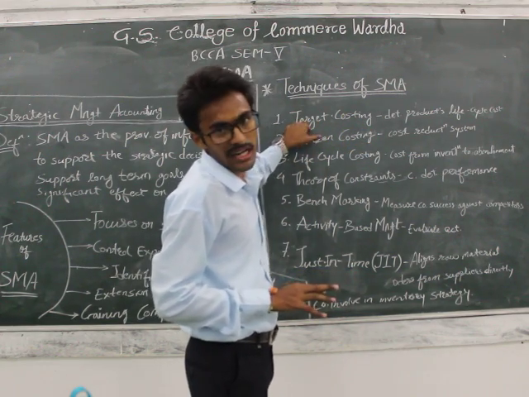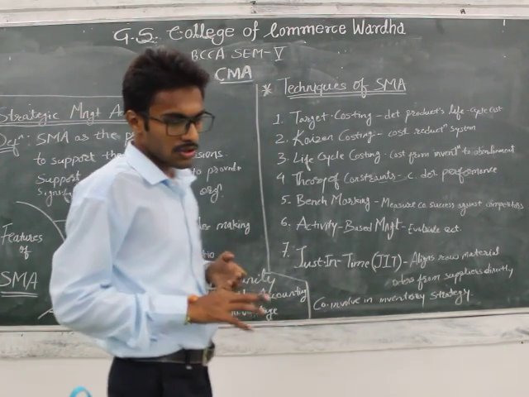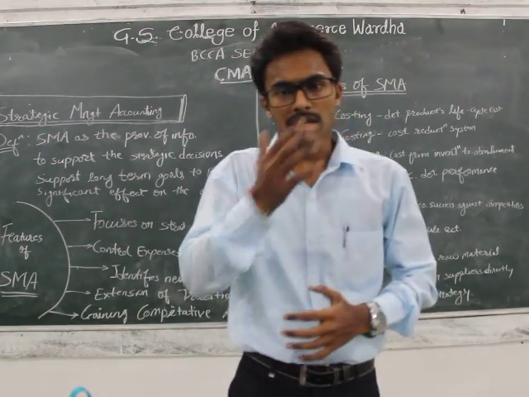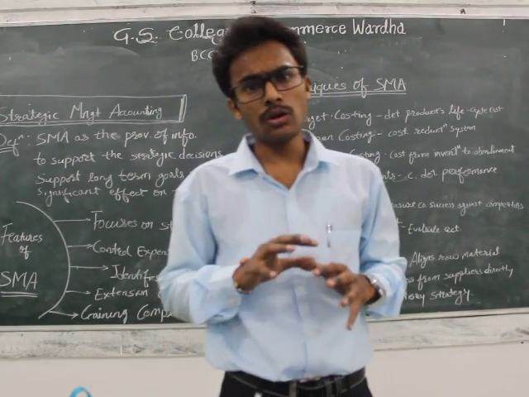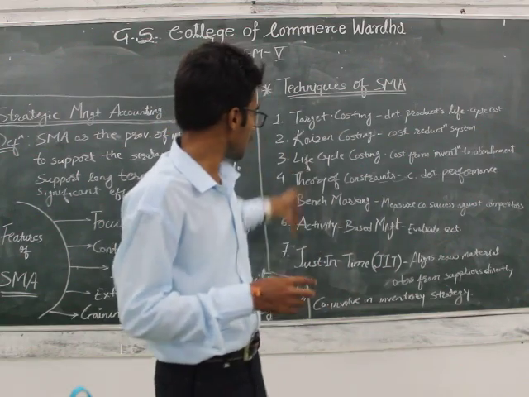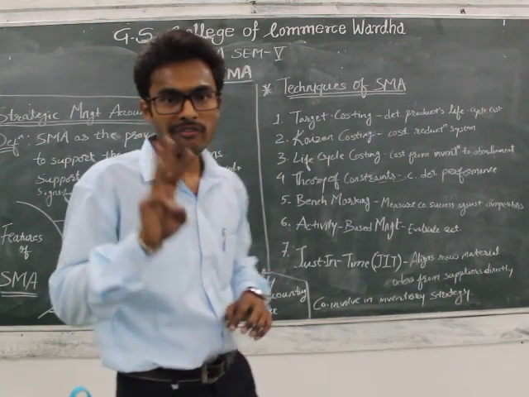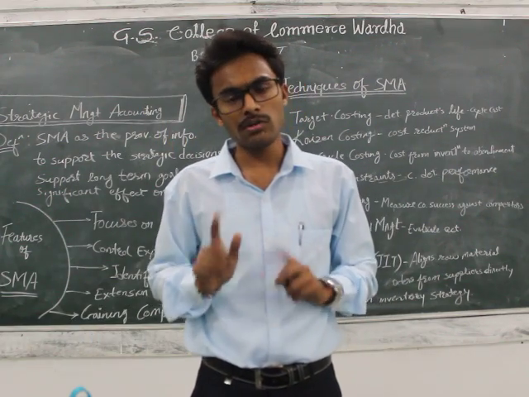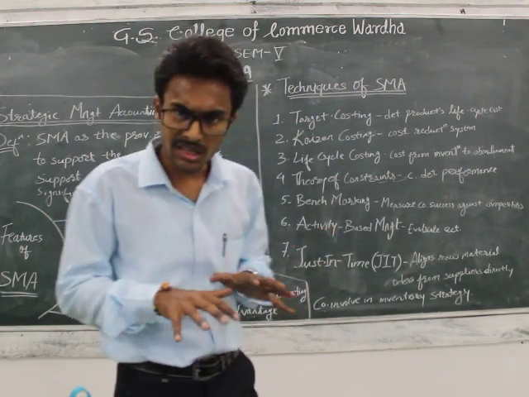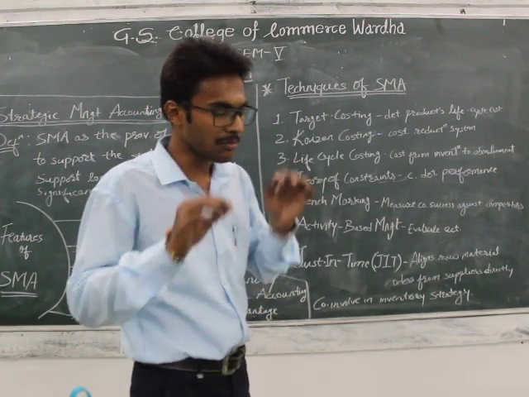There are some other topics as well. In this video we are going to take the very basic things about this concept. Of these 7 things, you have 3 in detail, which we will cover in the next video. But in this video we will cover these 7 in a very basic manner.